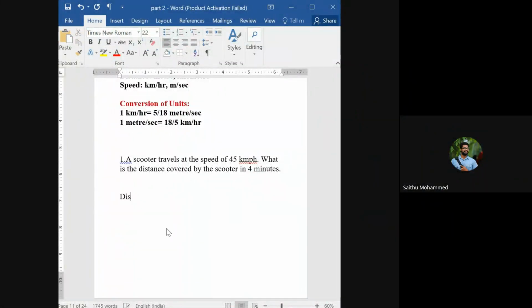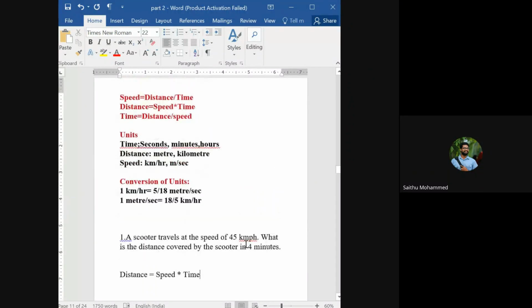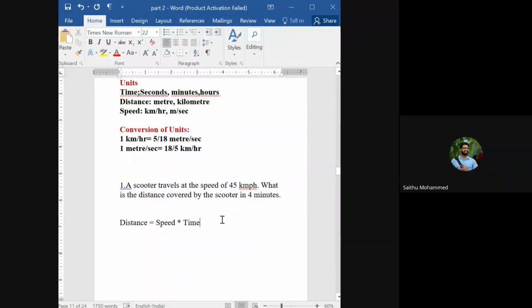So distance equals speed into time. Here it is given that 45 kilometer per hour is the speed. So we can simply write speed equal to 45 kilometer per hour.